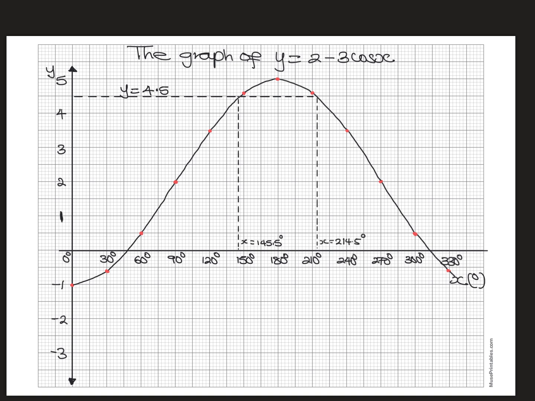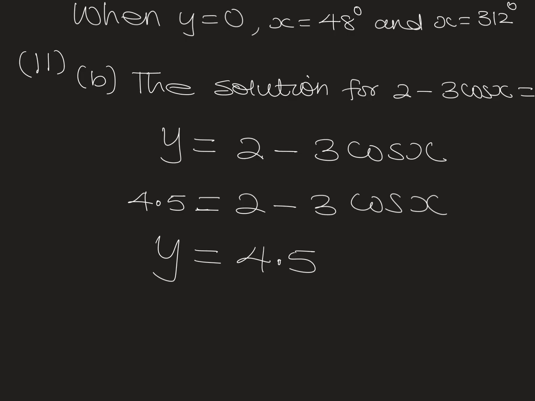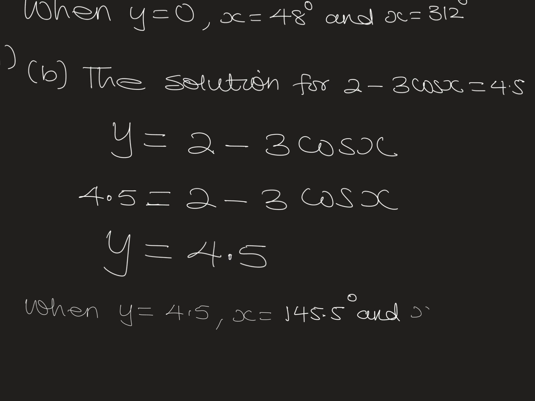Okay, so going back to the solution, therefore we can infer that when y is equal to 4.5, x is equal to 145.5 degrees and x is equal to 214.5 degrees.